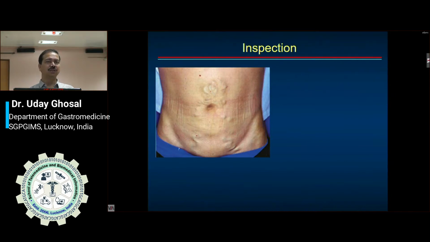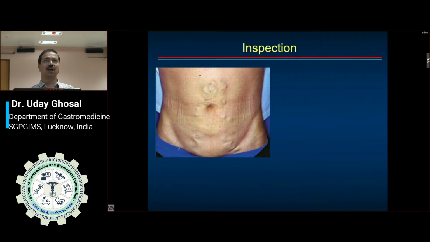So if these are the areas blocked, no way could the portal blood be bypassed to the systemic circulation by these collaterals. So that's why you cannot get caput medusae in extrahepatic portal venous obstruction.